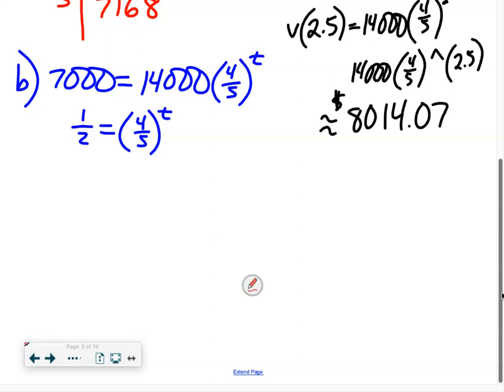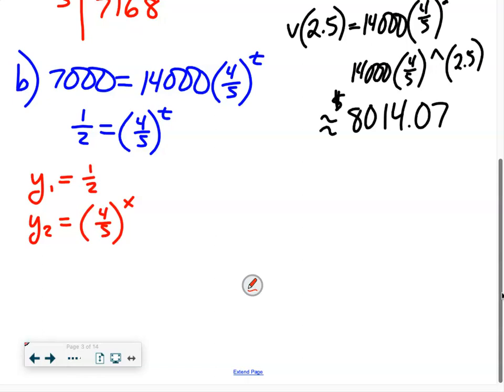So in y1, you can let y1 equal a half, and then in your y2, put in 4/5 to the x. If I put 1/2 in my y1, and then I put 4/5 to the x in my y2, I'm going to try a standard window and see what I get.